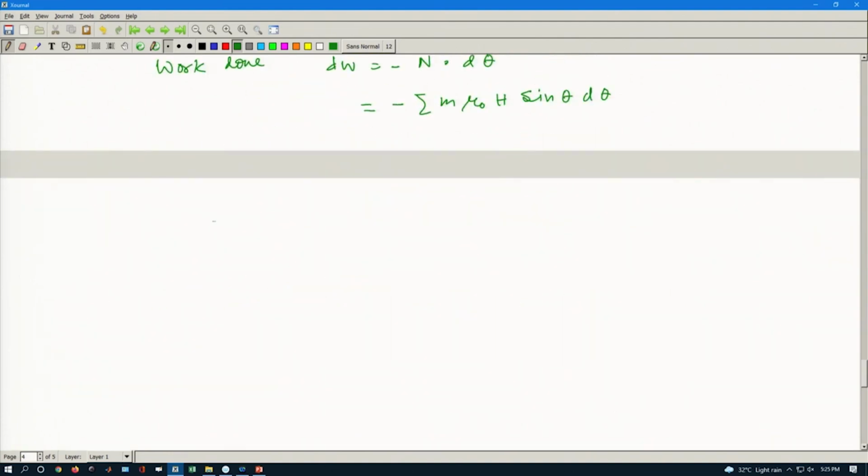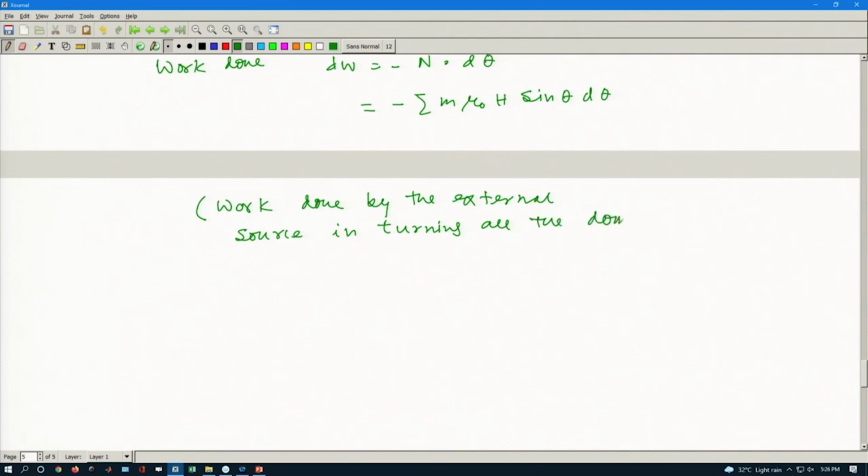If I replace this value, this is the work done by the external source in turning all the domains in unit volume, because we are calculating magnetization through a small angle d theta.